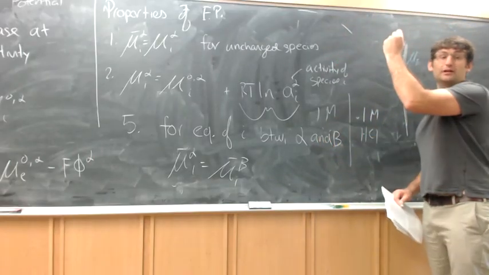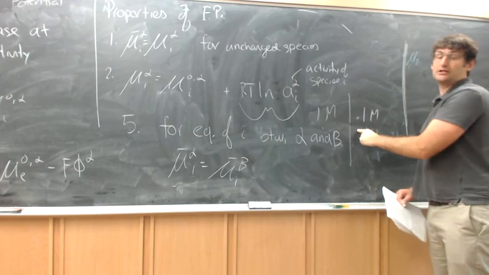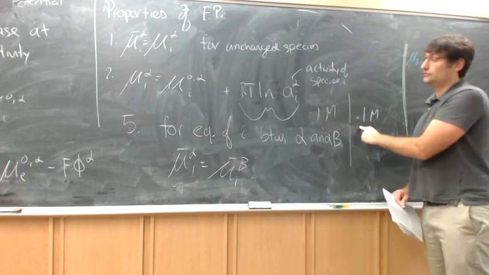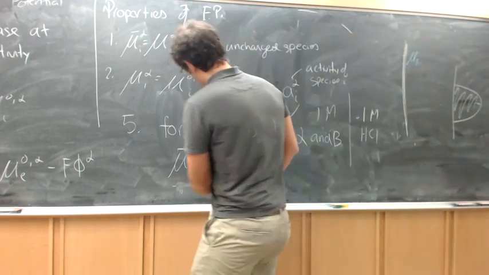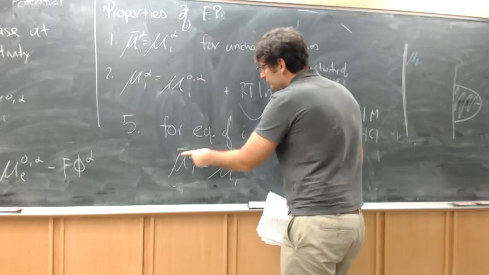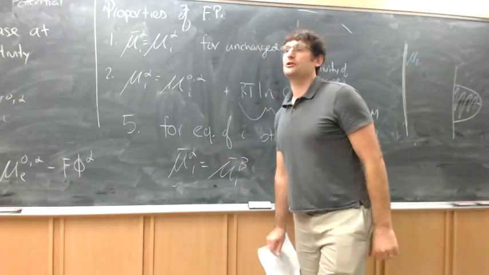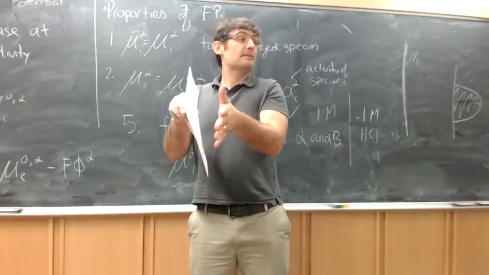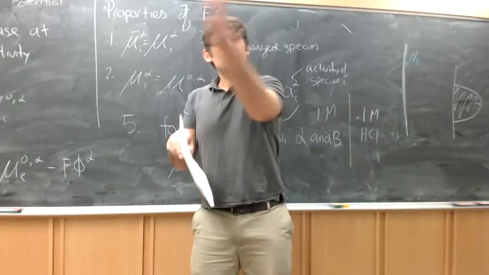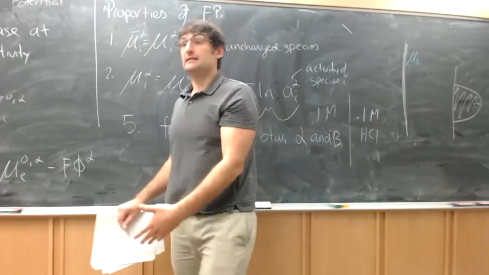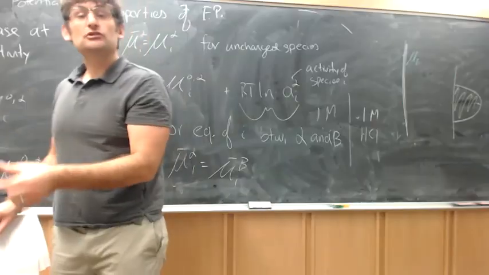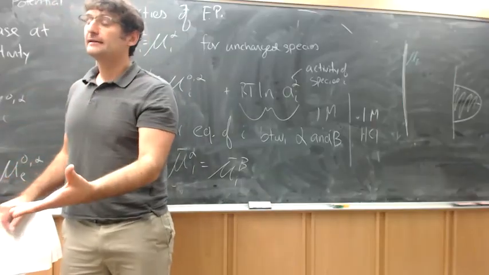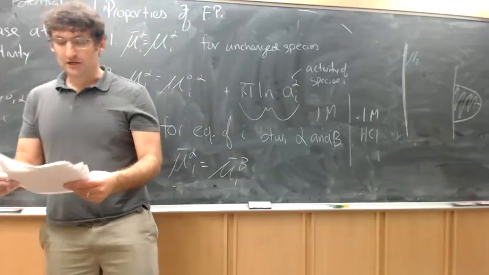If I remove the separator and let it come to equilibrium, will the concentrations be different? No, because of this. But the bars are useful in electrochemistry because we can have double layers that change the electrostatic potential on one side of the double layer versus the other side. We can have membranes and cells that have a potential across them. And so we need to account for that in our definition of equilibrium.